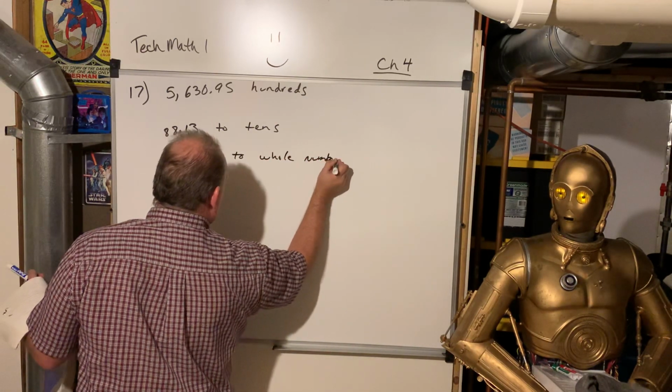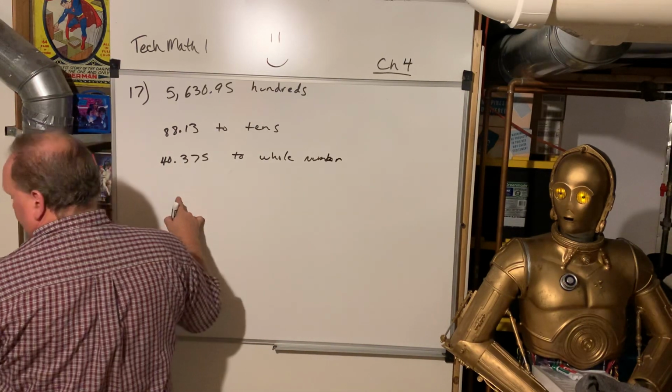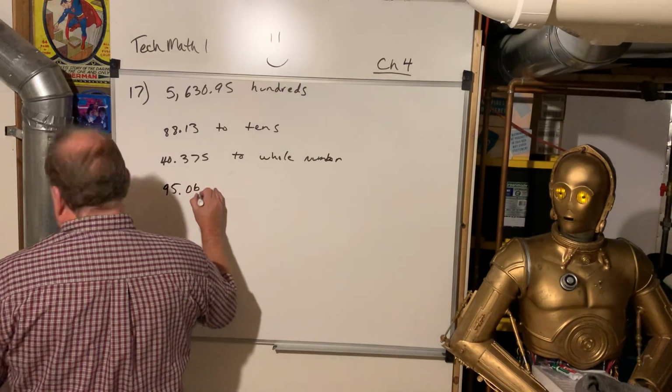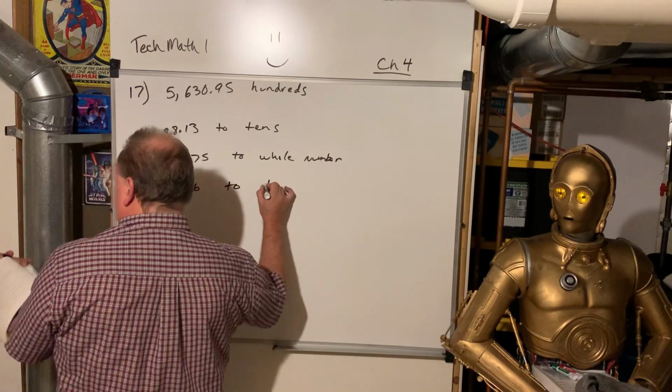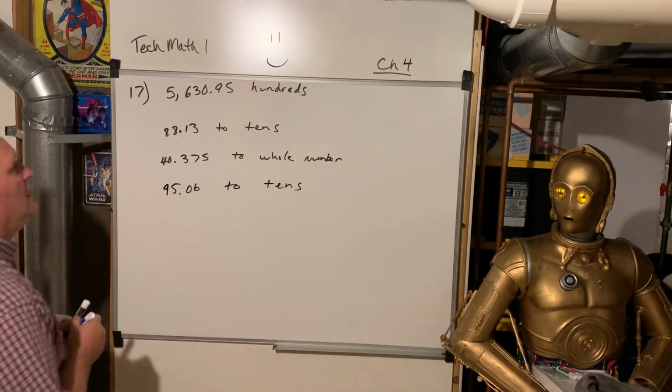If they tell you whole number, that's the same as saying round to ones place. And 95.06 to tens. Great. So here we go.